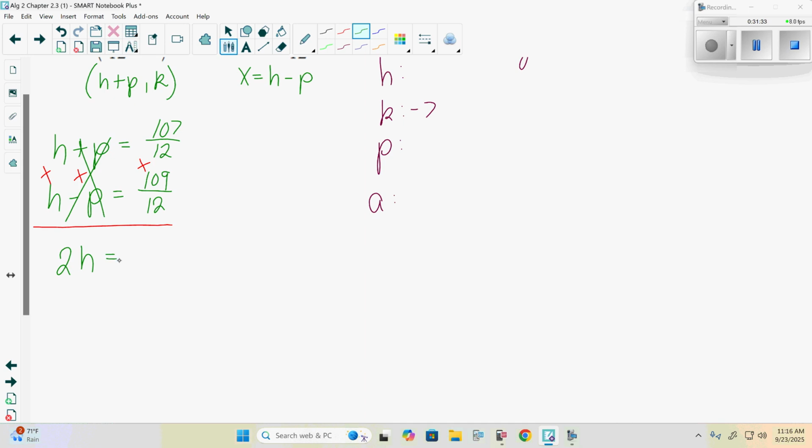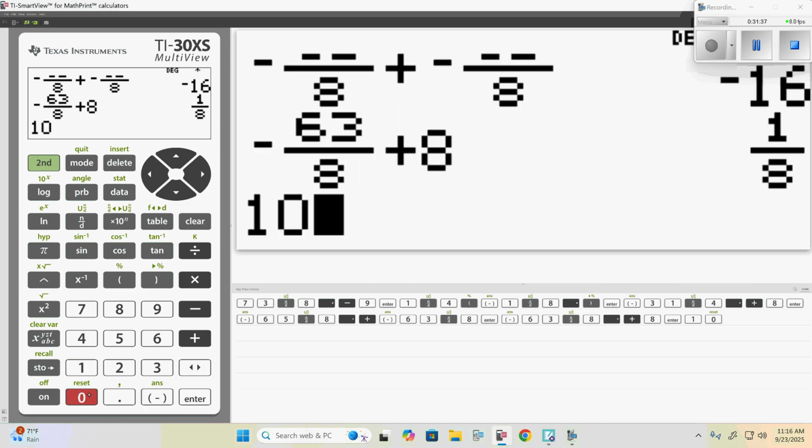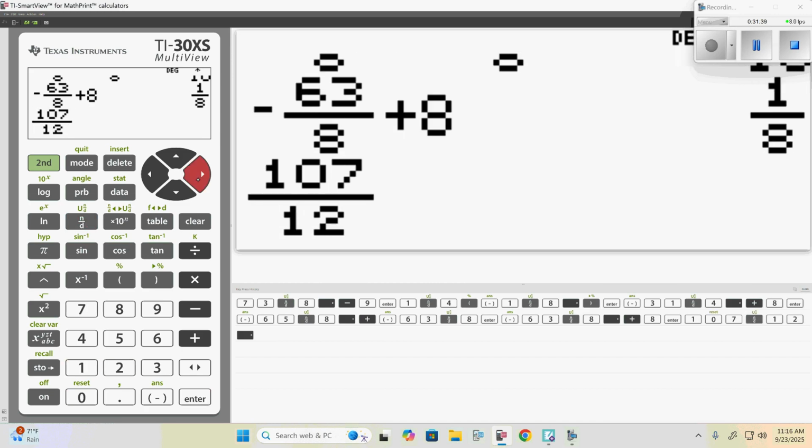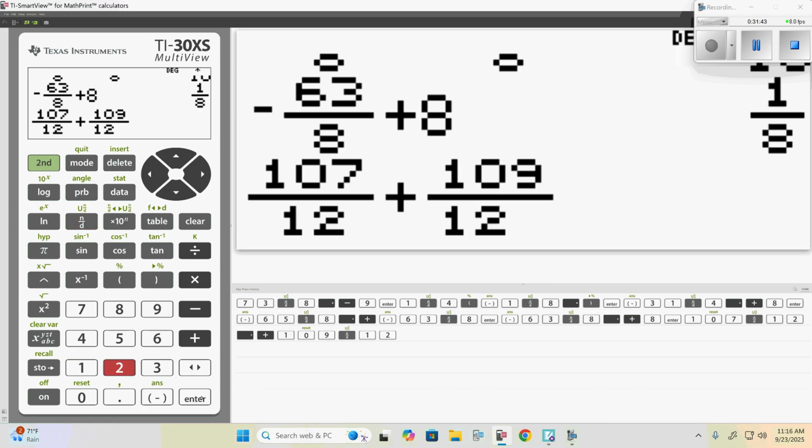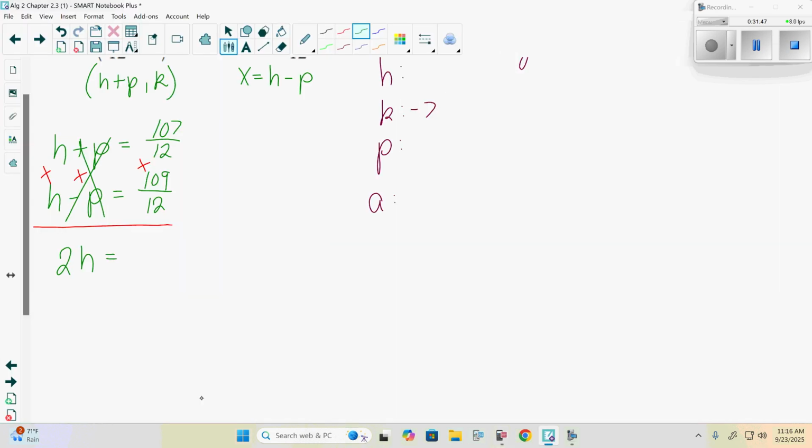So now we just need to do 107 over 12 plus 109 over 12, which is 18. At this point, we can divide both sides by 2, so h is equal to 9.